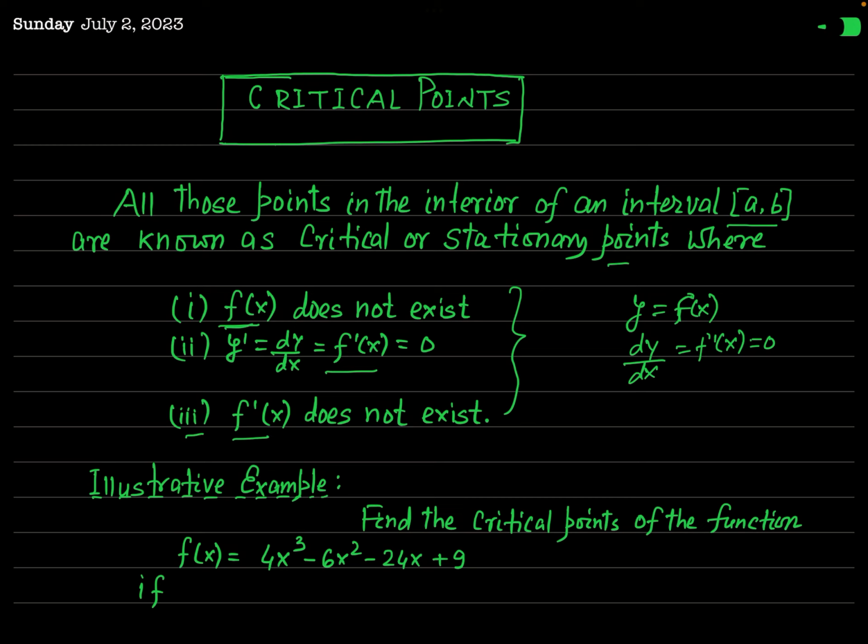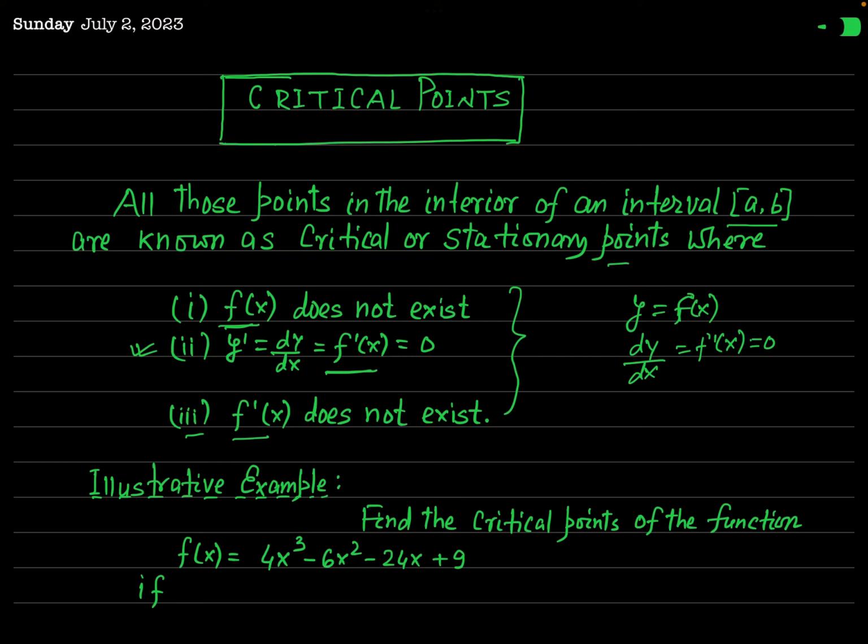Third one says f dash of x does not exist. And the second one is f dash of x is equal to 0. This is actually the most important condition for finding the critical points of a function. In most of the problems, we use this second condition for finding the critical points.